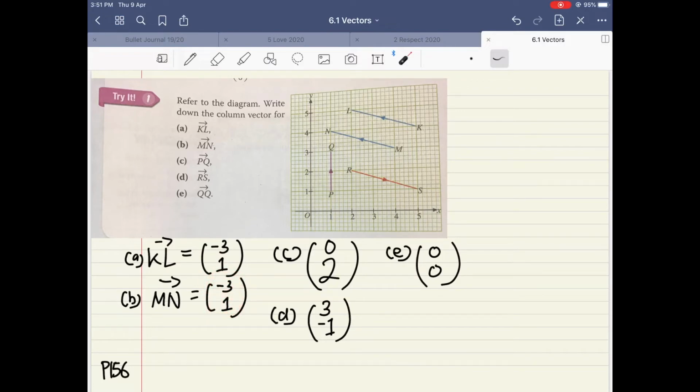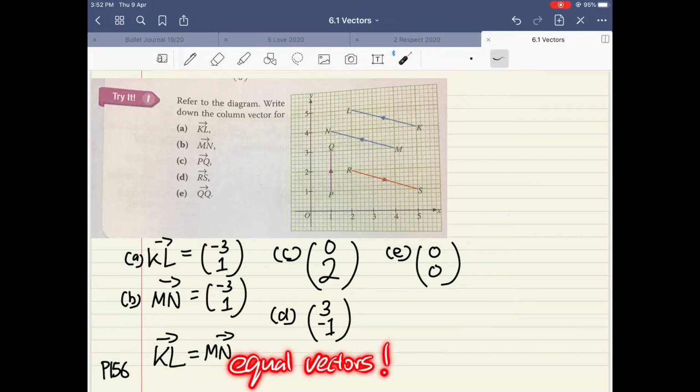So in this case, they will have the exact same magnitude and the exact same direction. So KL is exactly equal to MN, which means that they are equal vectors.